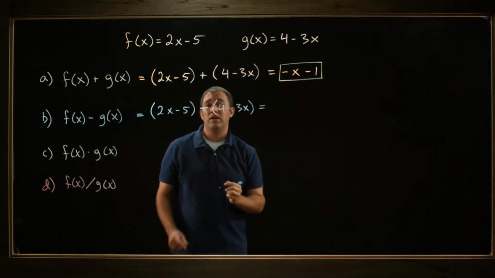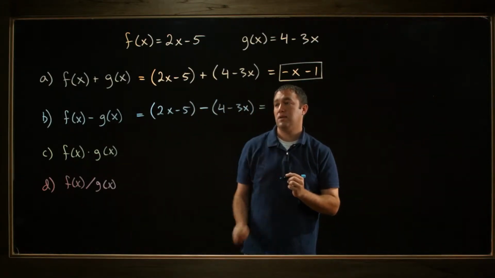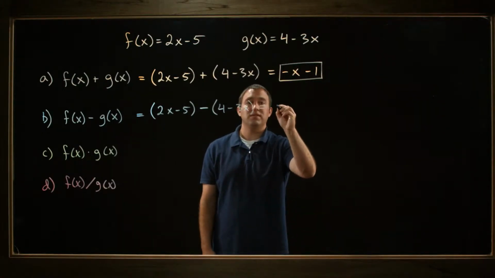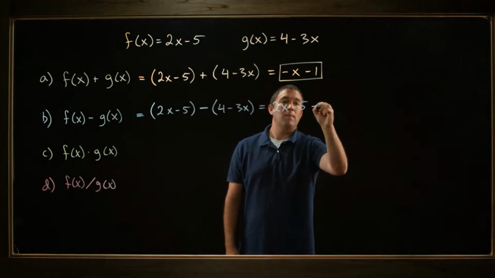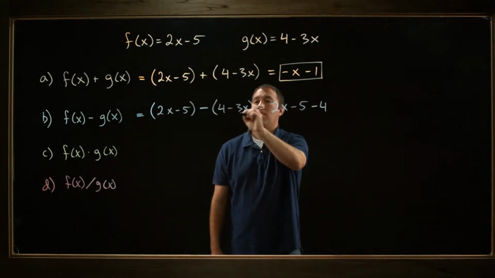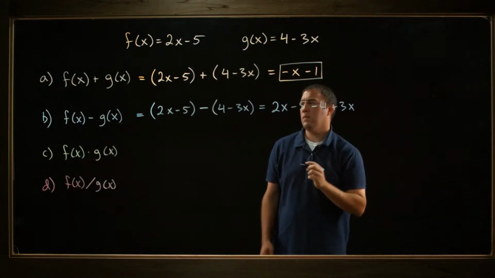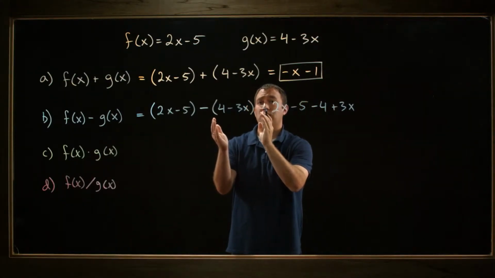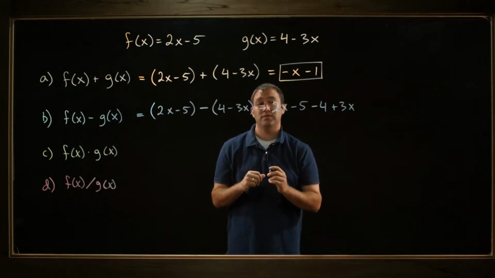The parentheses are important here because I'm subtracting the 4 and I'm subtracting the negative 3x. So I could rewrite this without parentheses as 2x minus 5 minus 4 minus a negative 3x is plus 3x. If I hadn't written these with parentheses, it would not be correct. Remember, I'm subtracting the entire function g of x.